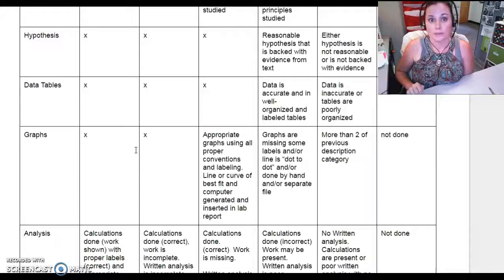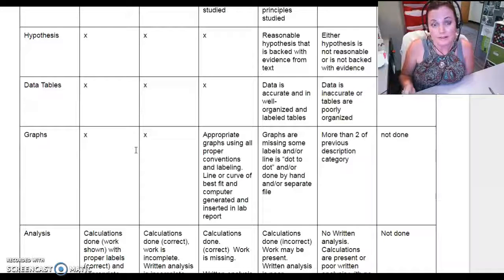Also, with the hypothesis, you may be used to doing an if-then statement, but because you are in an upper level science course, you need to make sure that you also give a reasoning for your hypothesis. If I do this to the cannon, then this happens to the range of the projectile motion because, and then you explain the scientific reason why that should occur, and back it with evidence from the text.